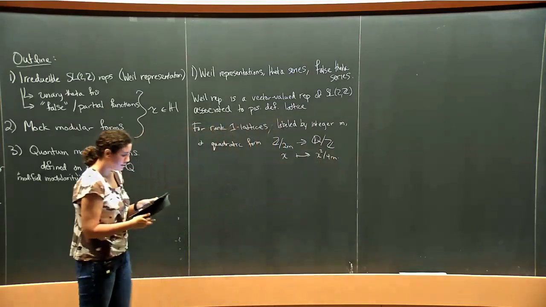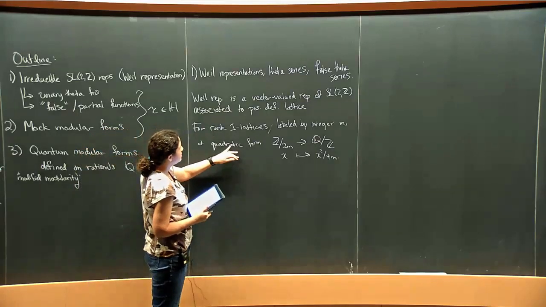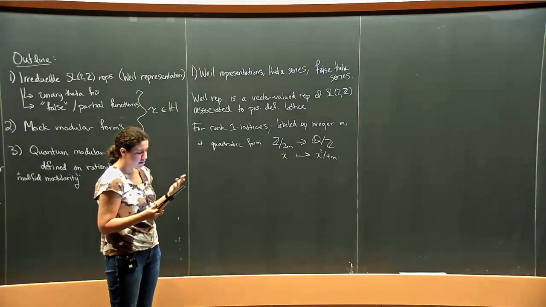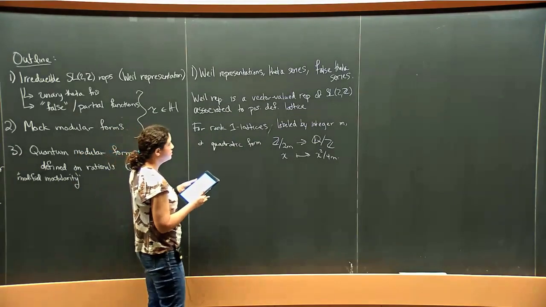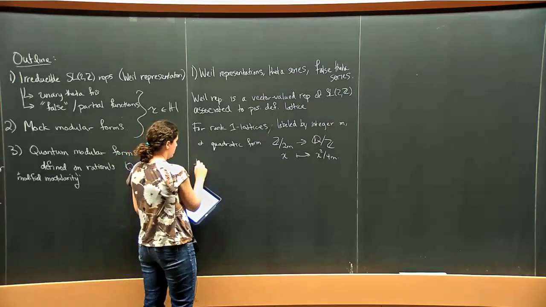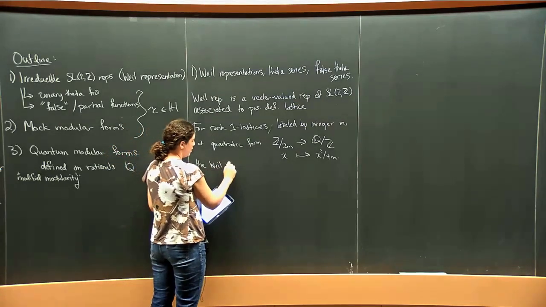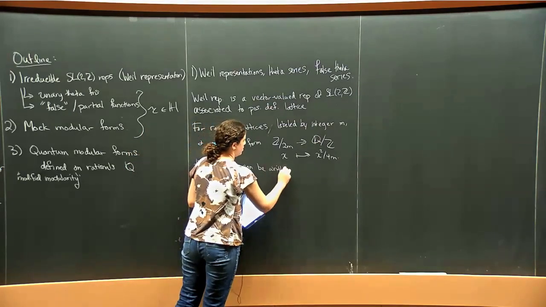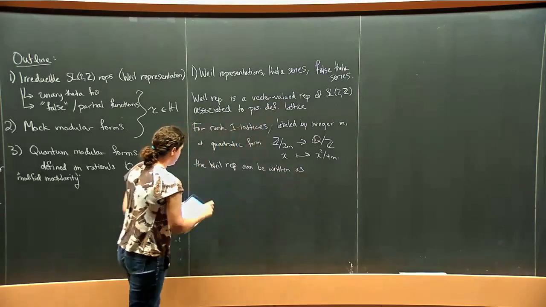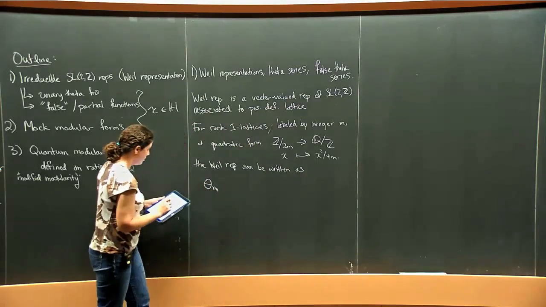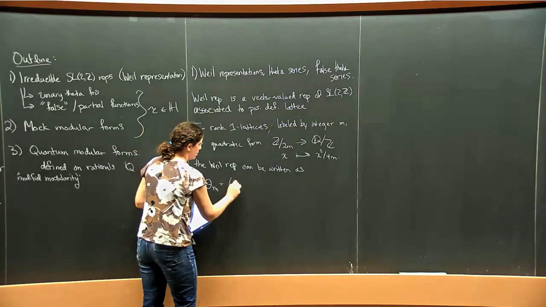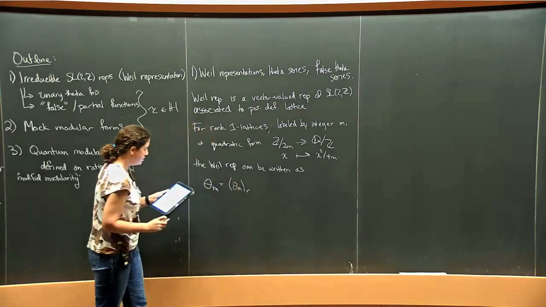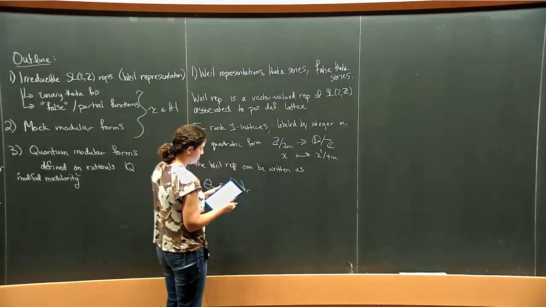With this, we can construct a vector-valued representation of SL2Z, which is produced by the normal theta functions that you're familiar with. So the Weil rep can be written as a vector, which I'll call theta sub m, which has components labeled by r in Z mod 2m.